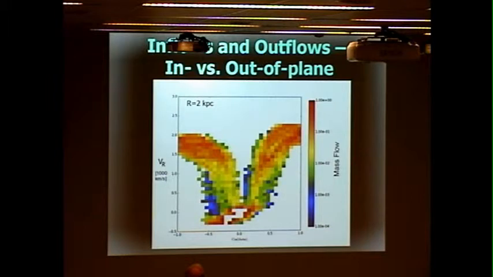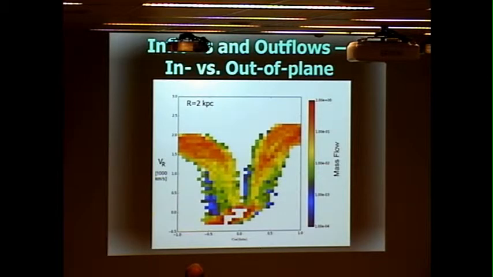So we know they're driving these strong outflows. To show exactly where these outflows are being driven, this is showing you the velocity of the outflows, and inflows in fact, as a function of polar angle. Plus or minus 1 on the x-axis here represents purely out of the plane of the galaxy.